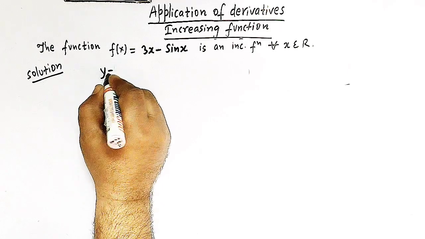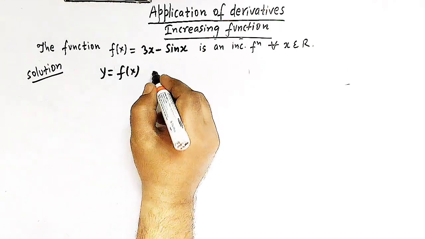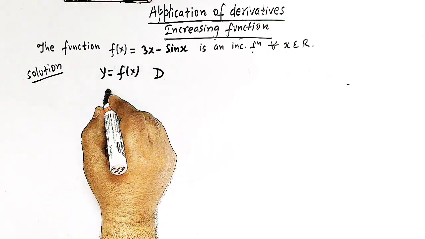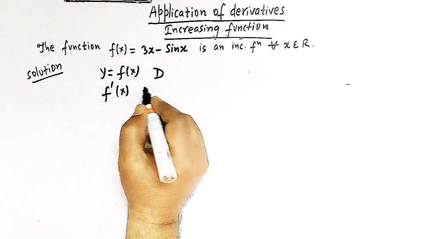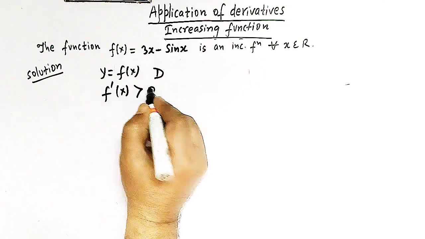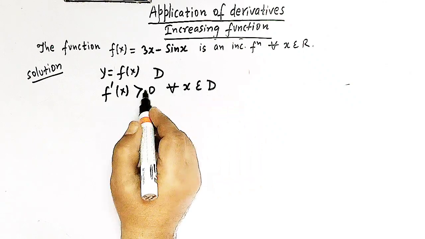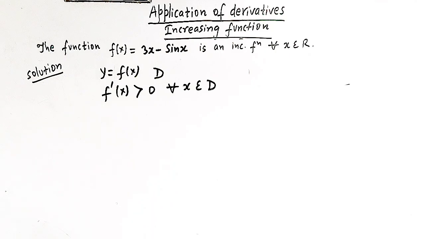Suppose we have a function, say y is equal to f of x, which is defined in some domain D, right? And if the derivative of this function, that is f prime of x, is greater than 0 for all x belonging to the domain, then the function y is equal to f of x is said to be an increasing function.